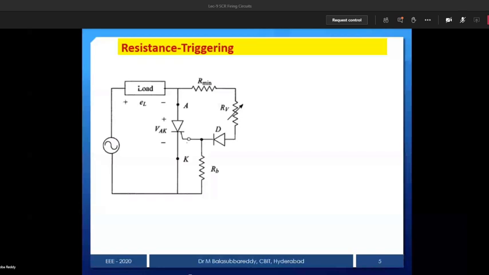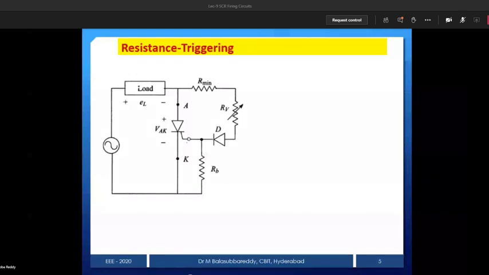Up to VGT. VGT is the gate triggering voltage, the minimum voltage required at gate and cathode to trigger the SCR. At any instant, if you apply VGT across gate and cathode, it will trigger. Or if we pass the gate current Ig minimum, it is also going to be triggered.